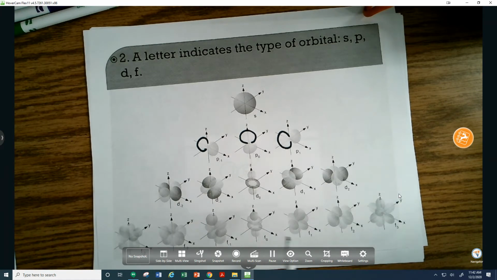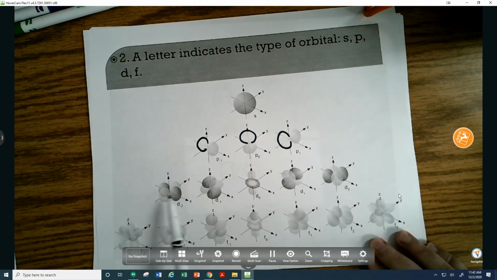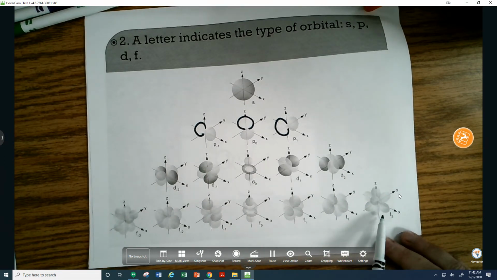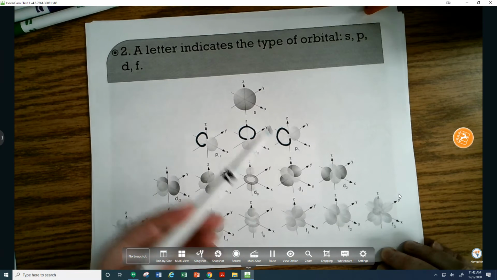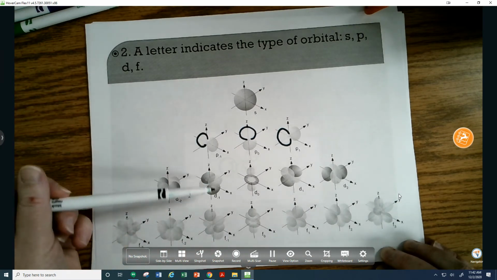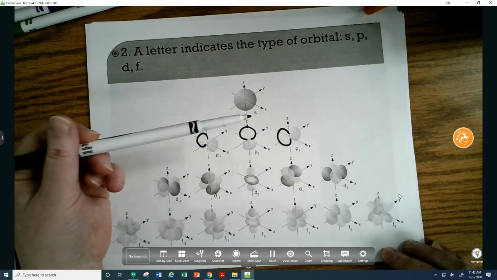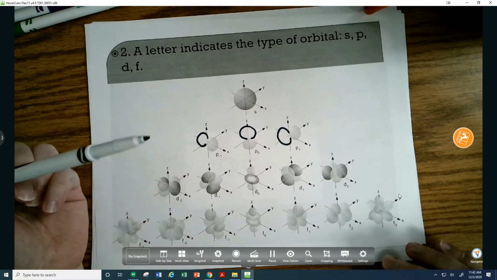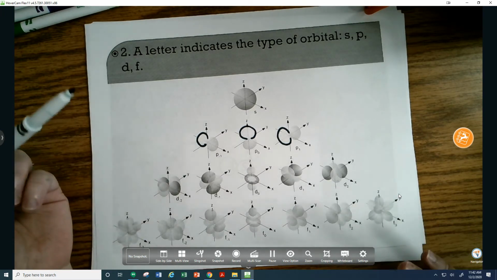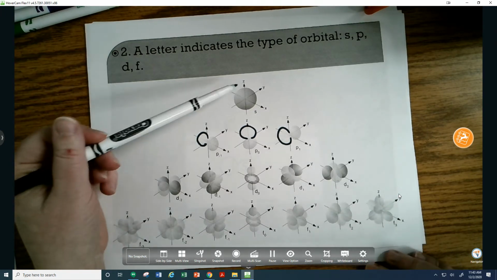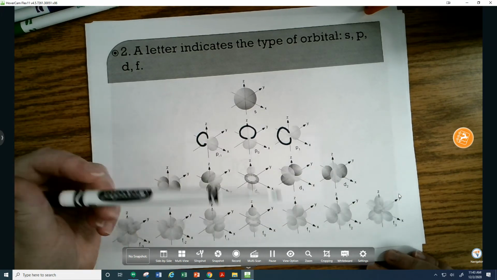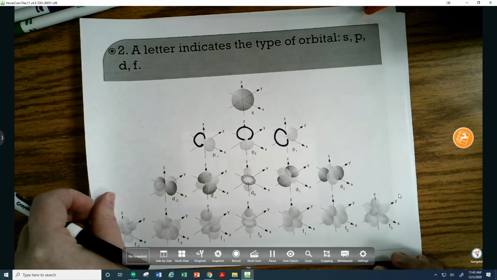The d orbital takes on a 4-leaf clover appearance for the most part, with the exception of this one here. And then we have electrons stored in an f orbital, which becomes much more complex. So again, what this part of the configuration tells us is like, what kind of house do you live in? Do you live in an apartment? Do you live in a townhouse? Those types of things. This is just showing what region of space the electrons live in.